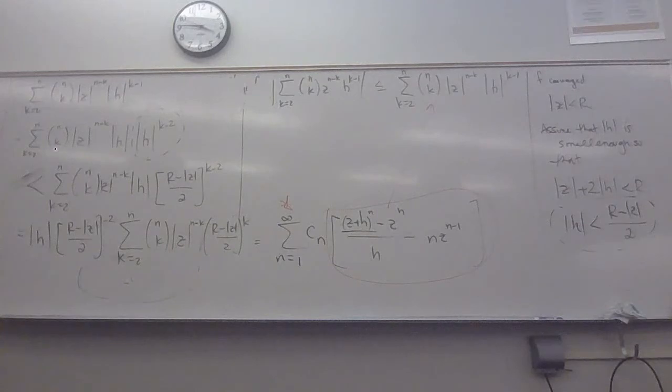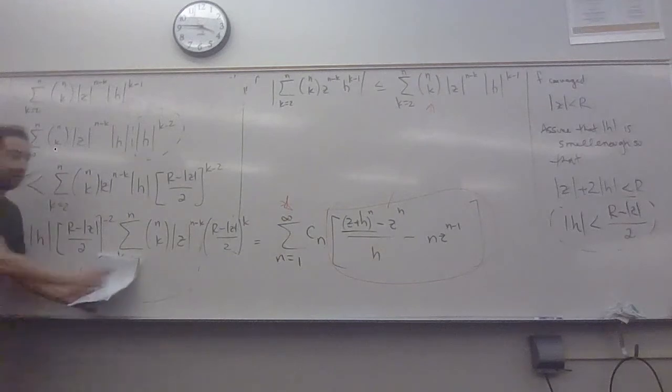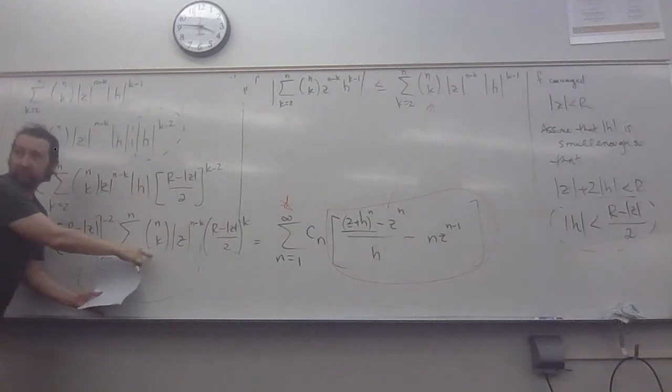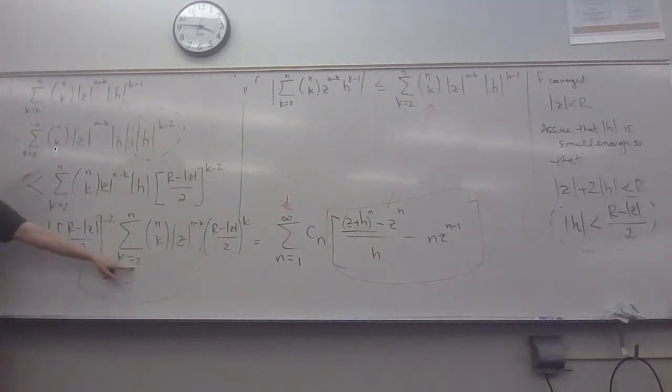If I covered up that k equals 2, that looks like a binomial expansion. I have n minus k and k in the binomial coefficients. So if this started at 0, I could just refactor that. But I'm working in modulus. So adding 2 more terms to a series just makes it get bigger.